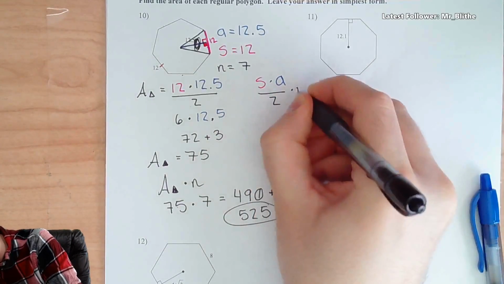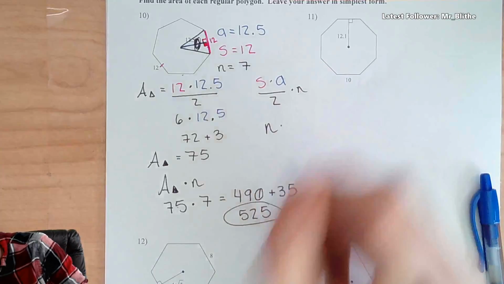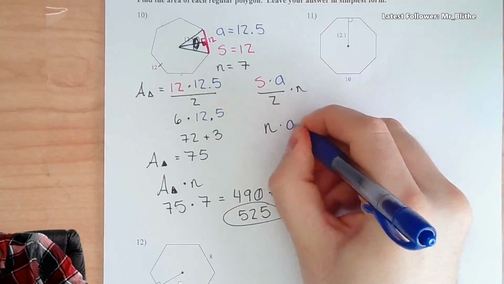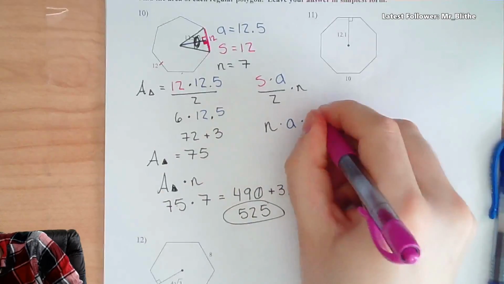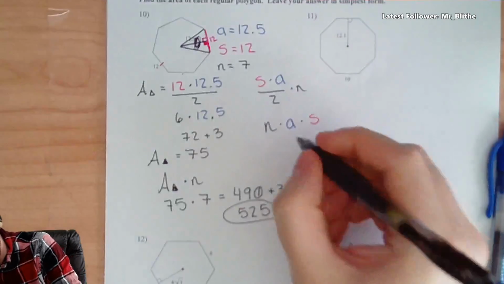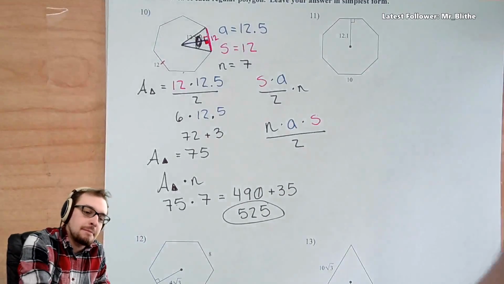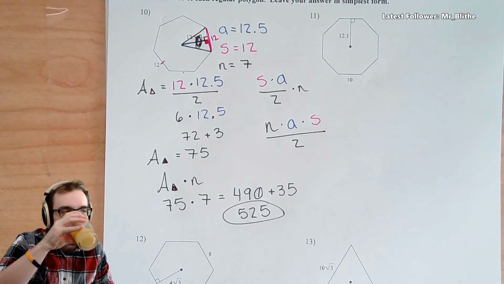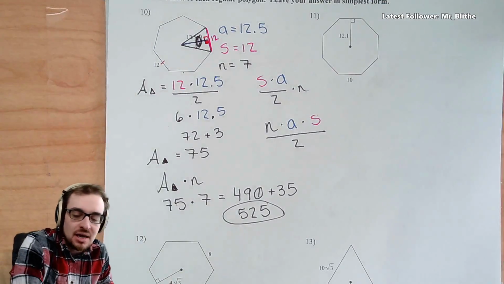And then we times that by n. Another way to write that formula is n times a times S, and then divide by 2.